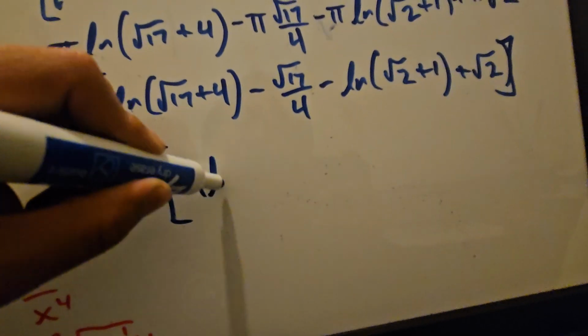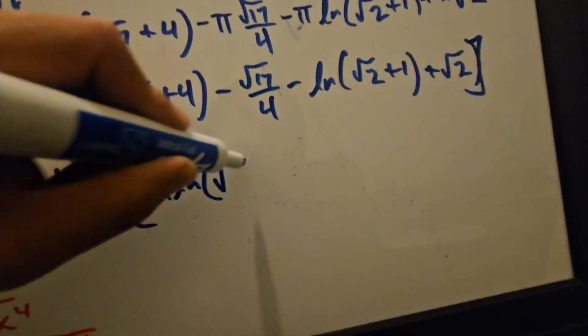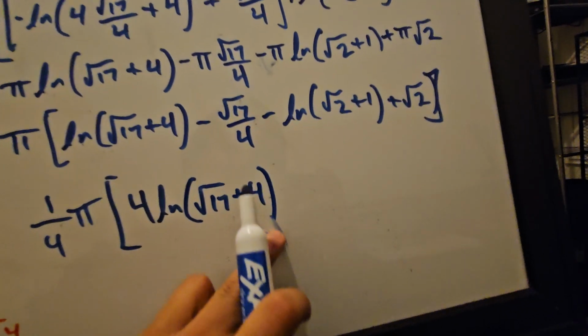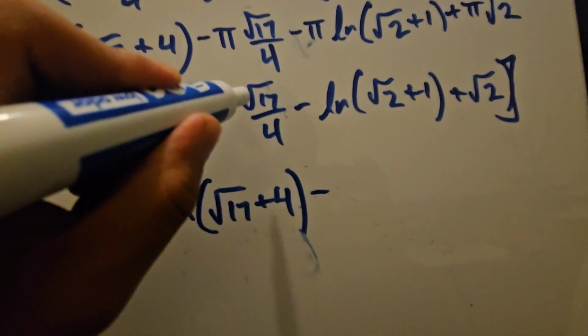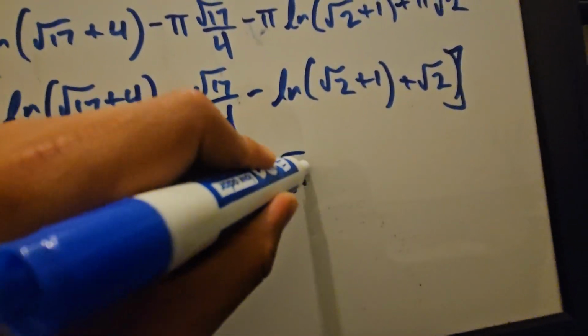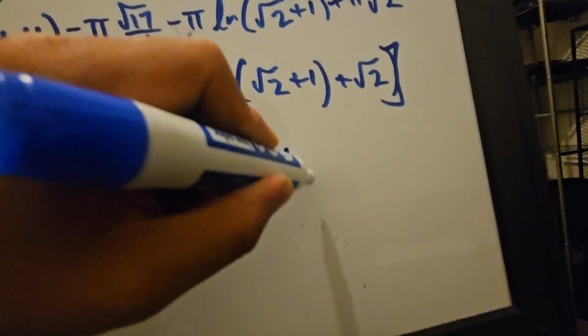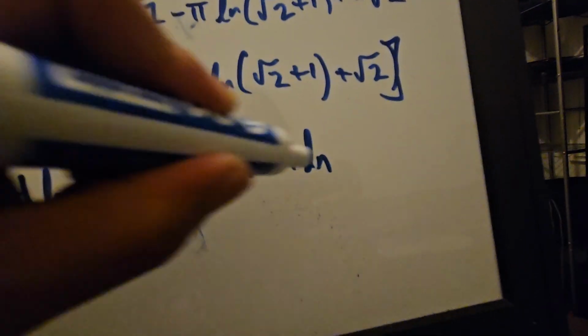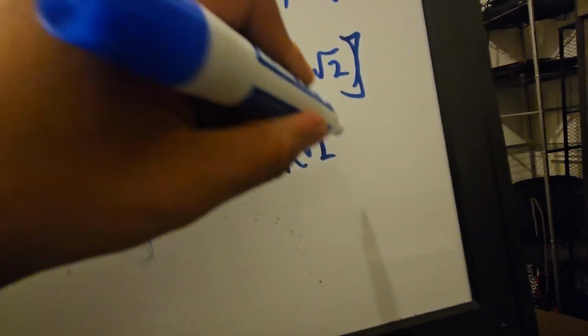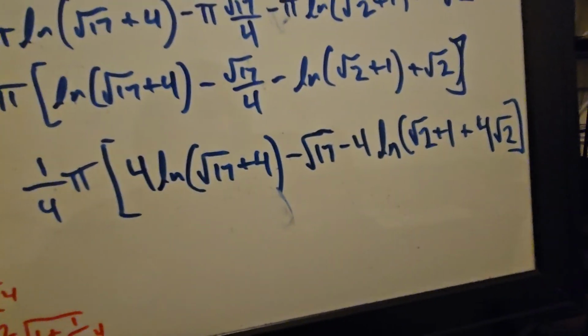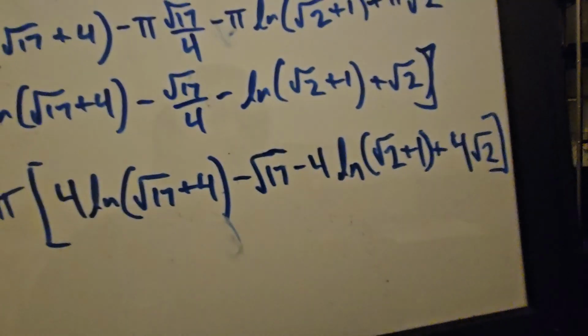That gives us 4 ln root 17 plus 4, close parentheses, minus, you multiply 4 by this, it's just going to give you negative root 17, minus 4 ln natural log of root 2 plus 1 plus 4 root 2. Sorry about that. Close parentheses.